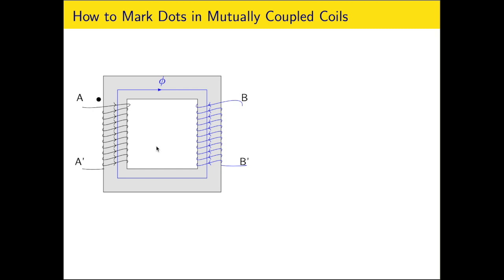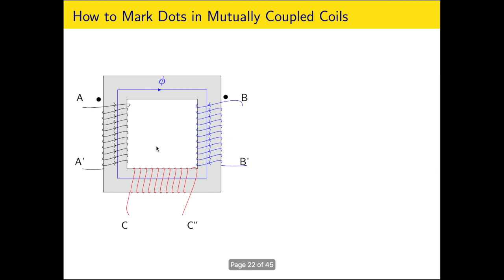So let's say the thumb is pointing towards the direction of the flux. We are wrapping the fingers, holding it by the right hand rule and deciding the direction of the current. So the dot is placed at the terminal through which the current is entering. So let's say this will be B.